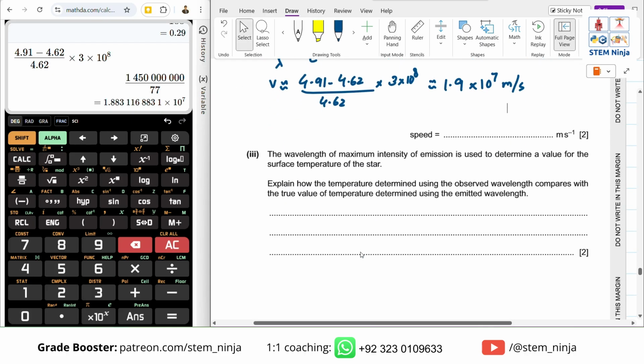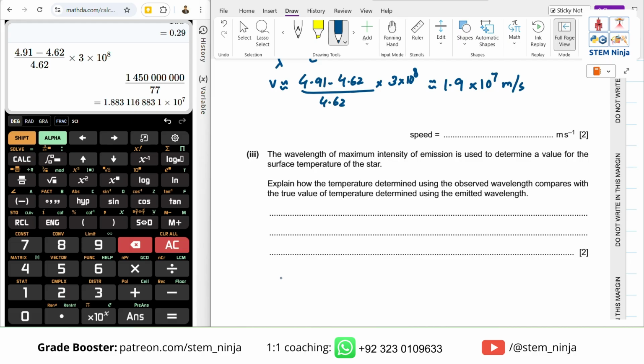The wavelength of the maximum intensity of emission is used to determine a value for the surface temperature of a star. So this is Wien's displacement law. Explain how the temperature determined using this observed wavelength compares with the true value of temperature determined using the emitted wavelength.